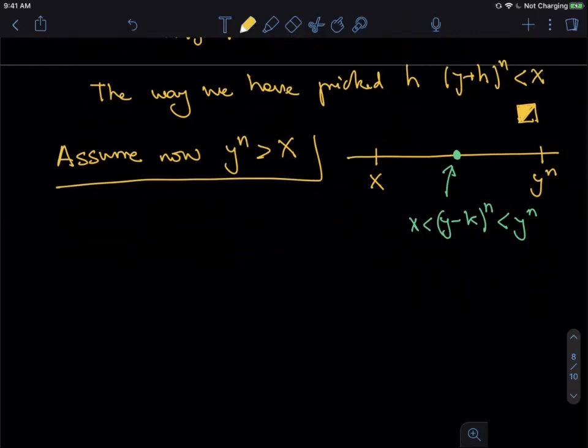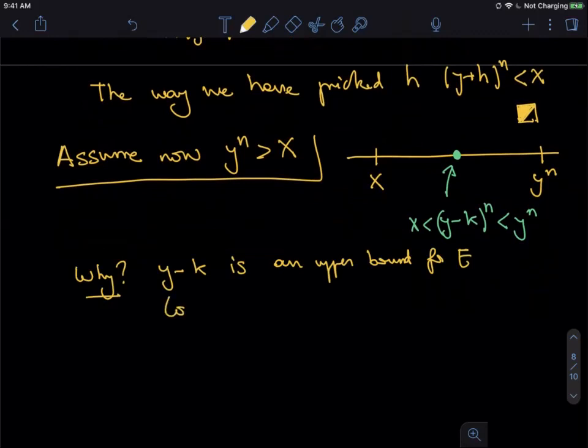Okay, so how does this work? Why does this help? Because then y minus k is an upper bound for e. That doesn't look good.